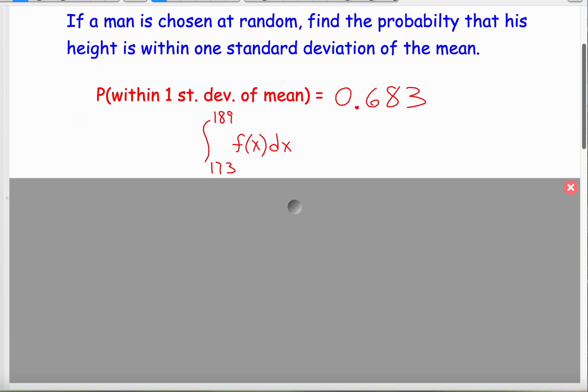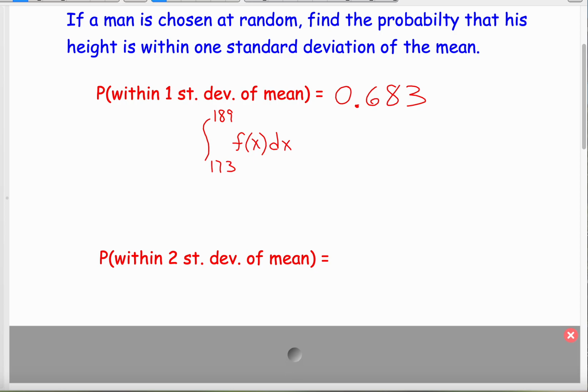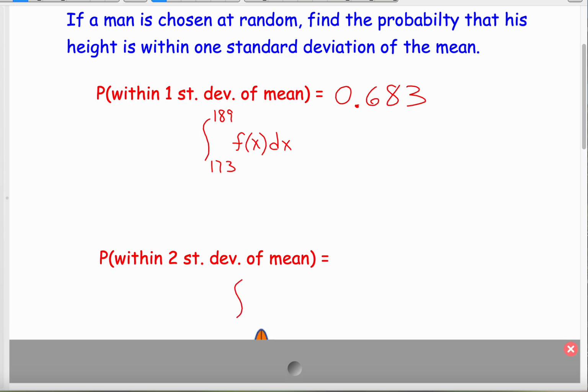Okay, let's continue on and say, what's the probability that a man chosen at random is within two standard deviations of the mean? Once again, we're going to do the integral. This time we're going two standard deviations, so subtract another 8 from our lower bound, and that's 165. Add another 8, that gives us 197.